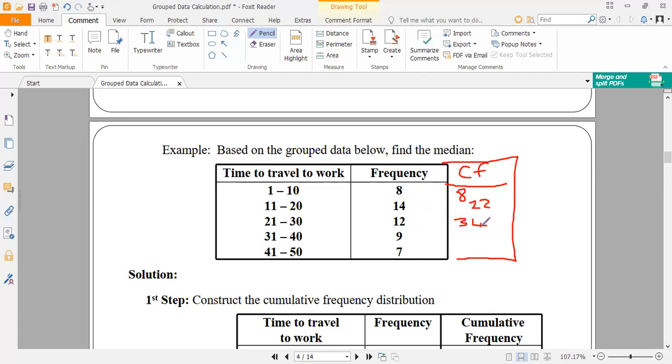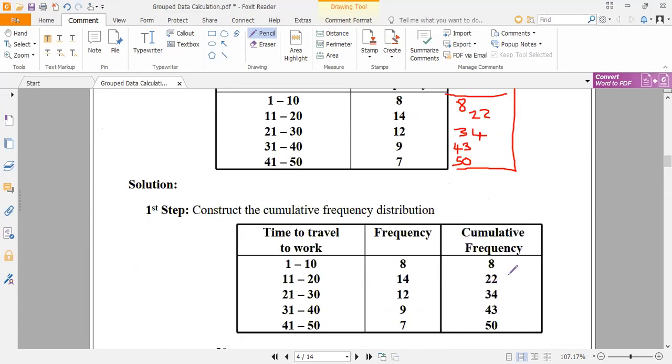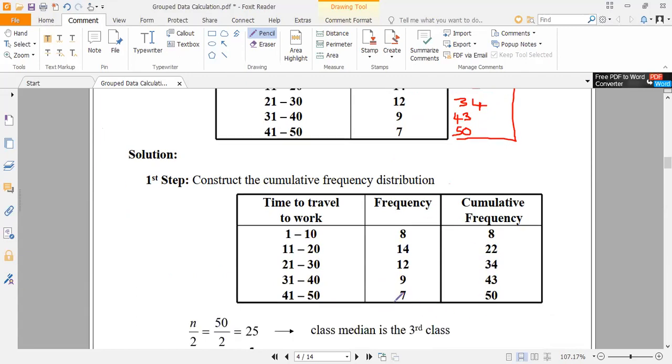We add the 34 to 9, 43. Then we add 43 to 7, 50. Good. So this is how we get the cumulative frequency column. Now this 50 is the same total as n, so this must be 50.